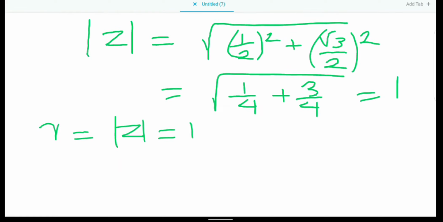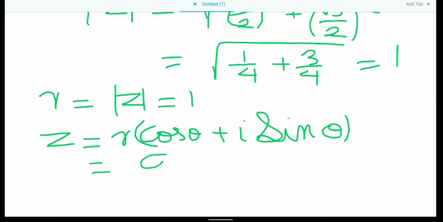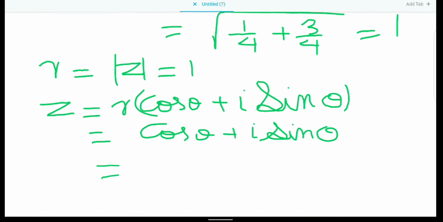Now we have z = r(cos theta + i sin theta), and we found out r equals 1. So we have z = cos theta + i sin theta, and we want to equate it with the complex number 1/2 + √3/2 i.